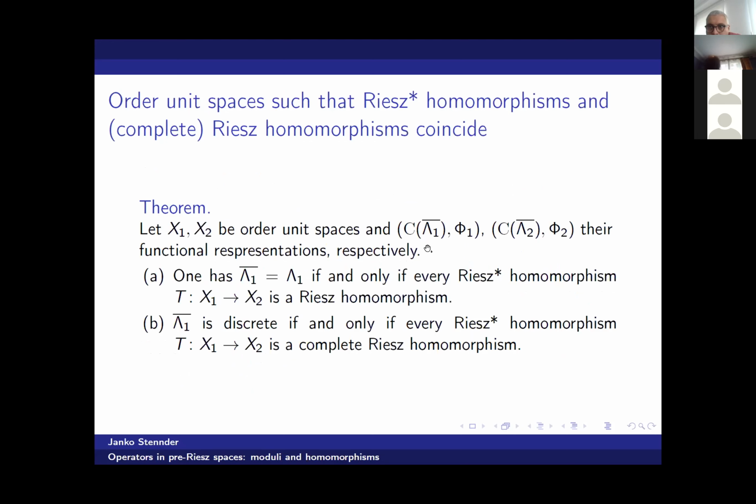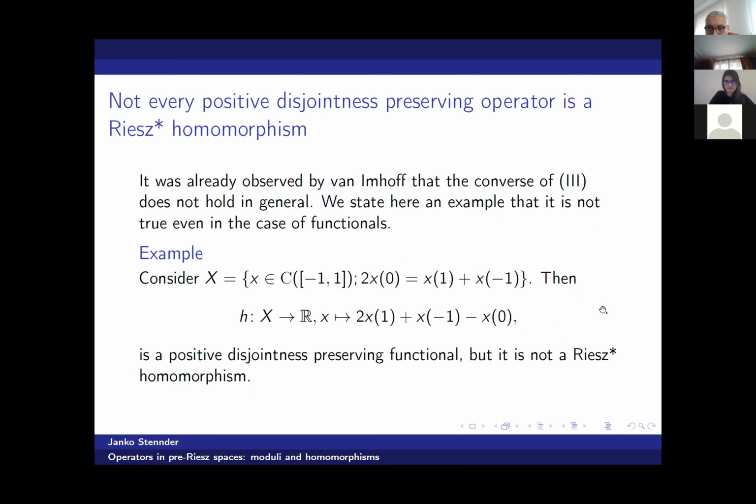It's an example for the Namioka space, which I showed here. That one is pervasive, but you can define a Riesz star homomorphism which is not a Riesz homomorphism. Namely, just the evaluation at 0, for example. Okay, great, thank you.